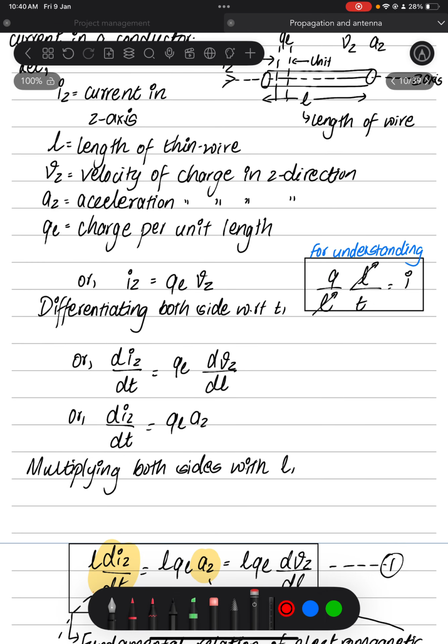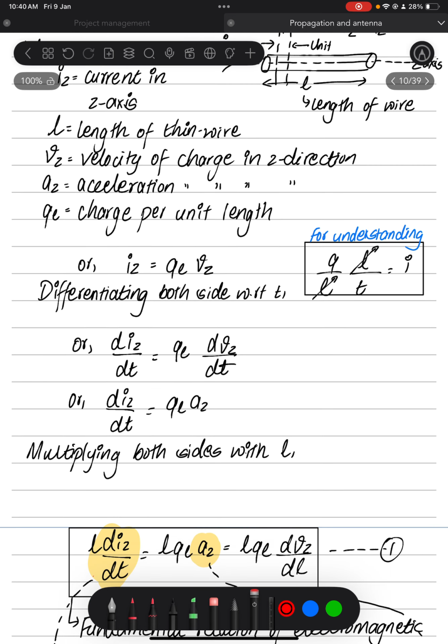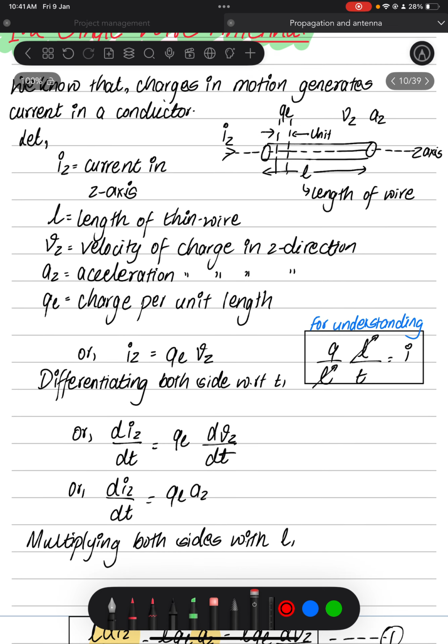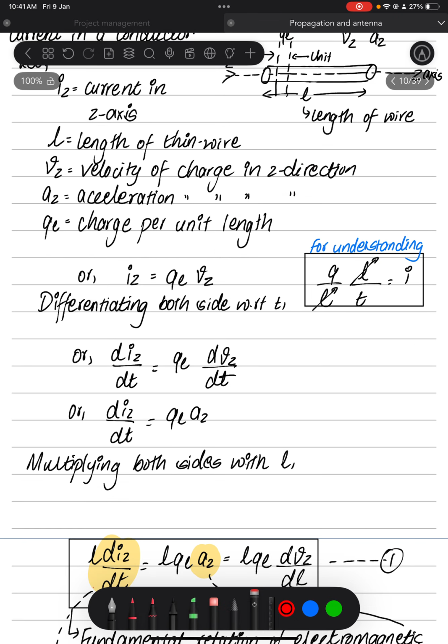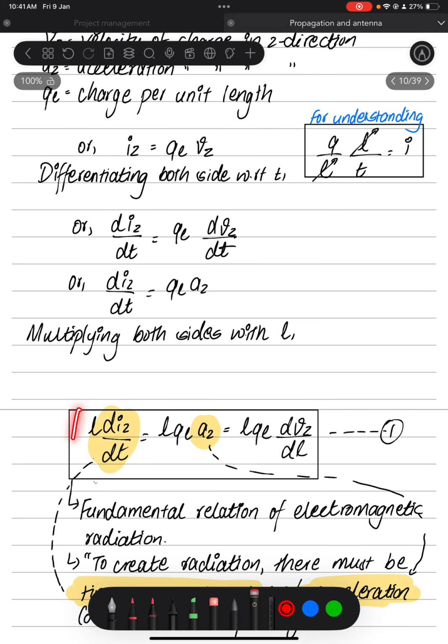And you can differentiate both sides with respect to t, and when you do that, you'll get dIz upon dt equals Ql times dVz upon dt. Ql is constant, and Vz is not constant because the velocity is changing, giving an acceleration. The charge is accelerated. When we do the derivation, we can actually get this equation.